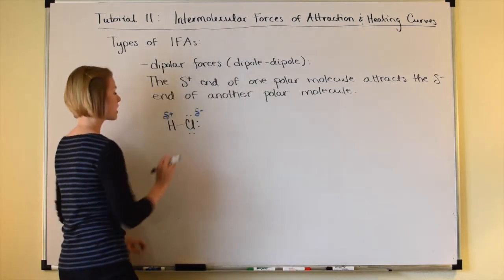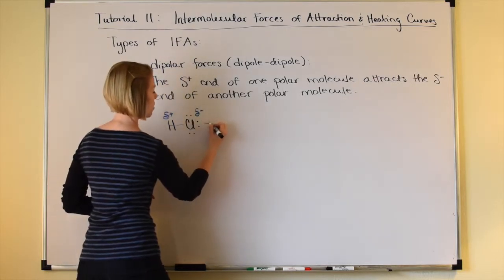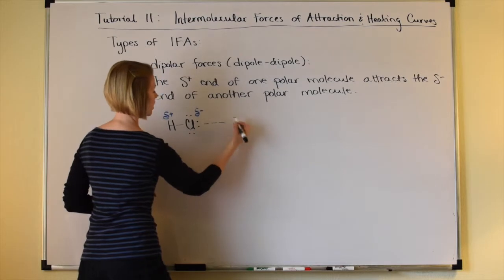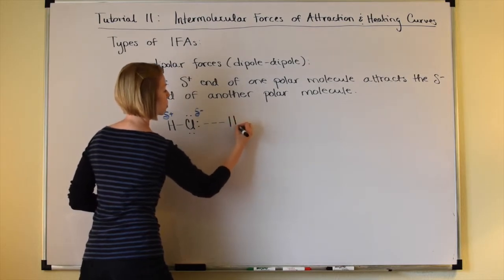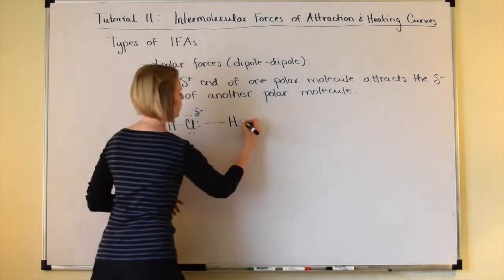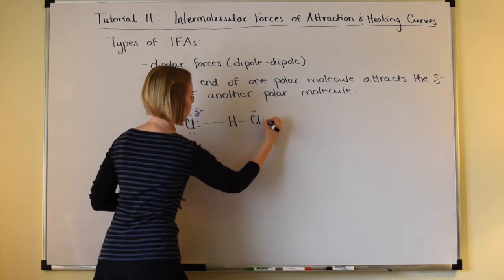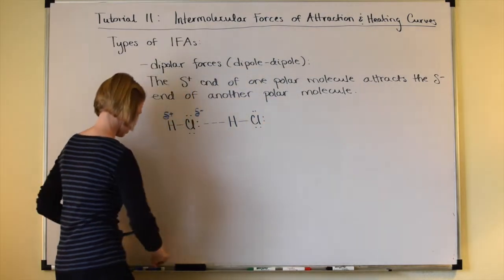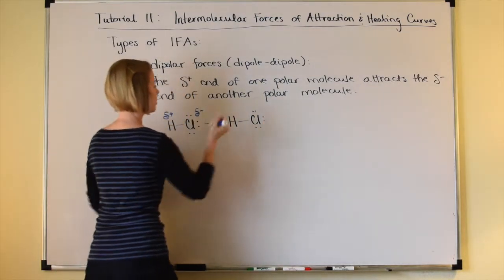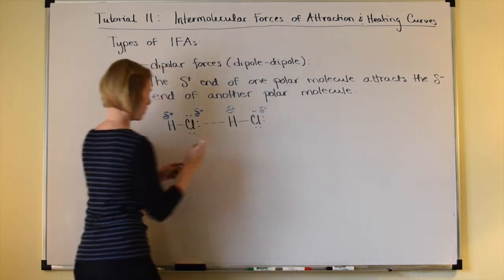Okay. So then the partial negative end of an HCl molecule we would expect to be attracted to the partial positive end of another molecule. So I'm going to go ahead and draw another one here. Okay, and I'll indicate my partial positive and partial negative charge buildup.